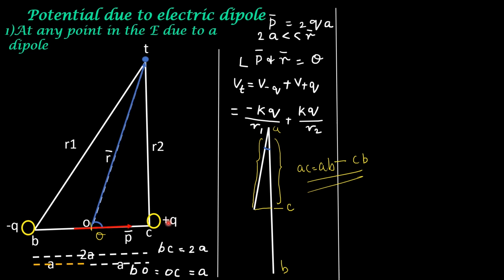In the diagram, I have shown BC a little long so that the diagram is very clear. We have already seen that 2a is much smaller than r. That is, r is much longer than 2a. We find that r2 is smaller than r.